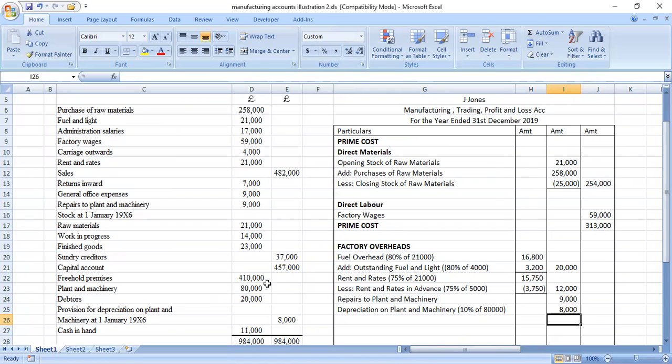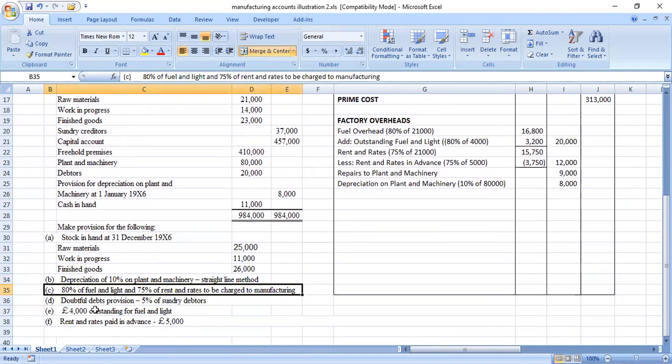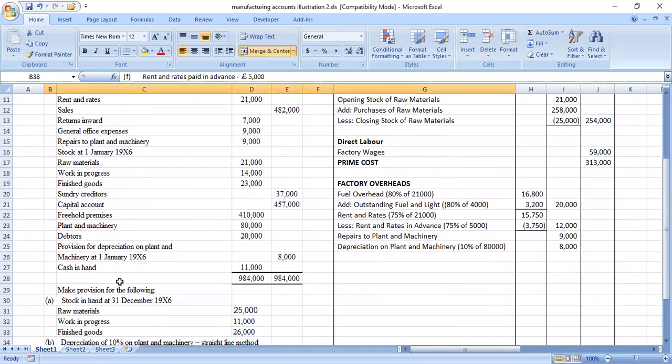Sindio? Yes. Any other factory overhead? Depreciation tumeweka. This one we've incorporated. This and this we have incorporated.